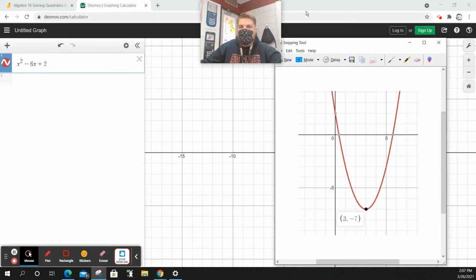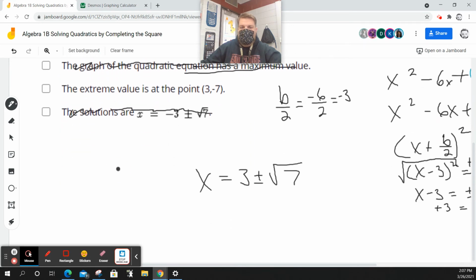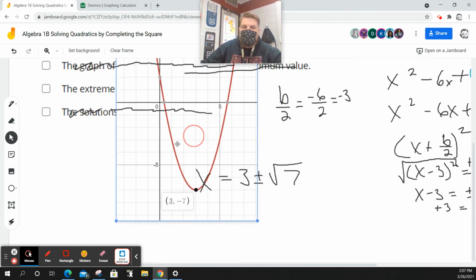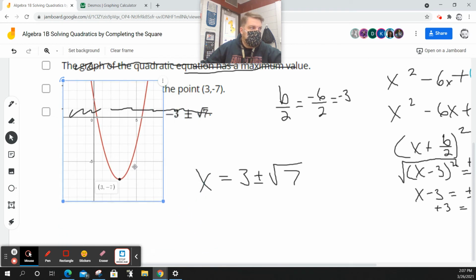So this is the minimum, right? Mr. Adams said there was a minimum for sure. But why do they call it the extreme value? Why are they using the word extreme value?